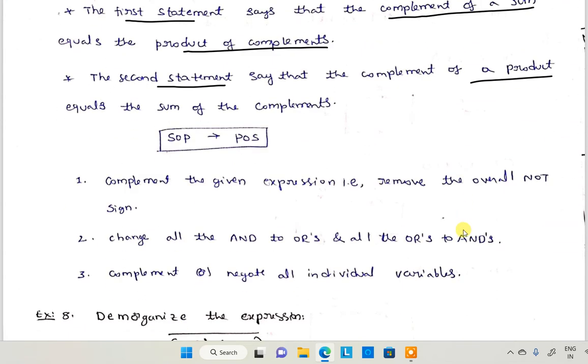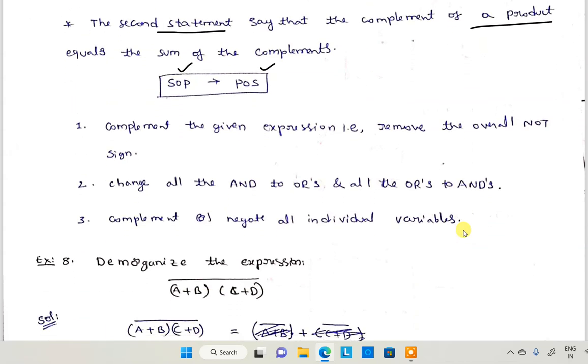So this De Morgan's theorem, what is it doing? Sum of product is converted into product of sum. Okay, so we have three points you need to remember while you are applying the De Morgan's theorem. So what are the three laws? Given the expression, remove the overall not sign. So whenever A B whole bar, we can write it as A bar plus B bar.